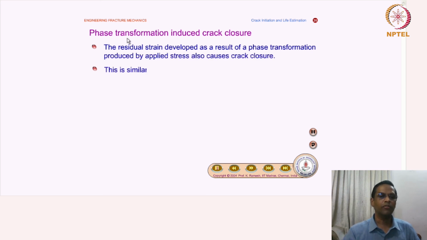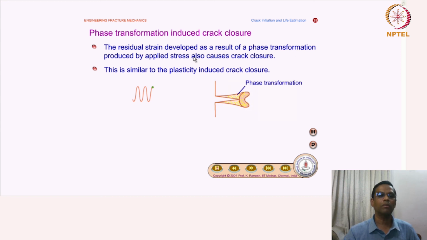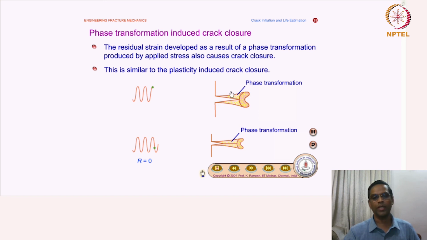The next one is phase transformation induced crack closure. The residual strain developed as a result of a phase transformation produced by an applied stress also causes crack closure. This is similar to plasticity induced crack closure. The new phase formed around the crack tip will create a residual stress pattern similar to the plastic wake.